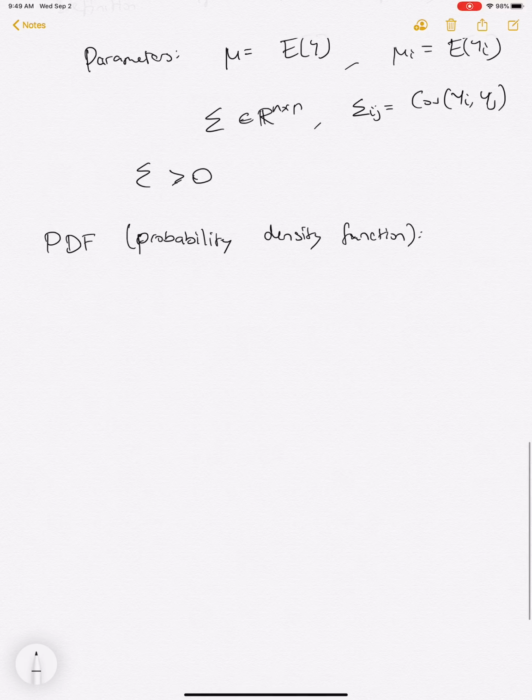So what does that look like? I'm going to use this notation f to denote the PDF. And then we obviously have n variables, and it's going to be very convenient to write this in vector matrix notation again.